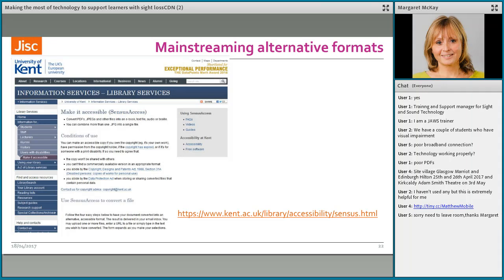So it's a self-service resource, which doesn't always place the responsibility of creating that alternative format with the disability service, but maybe with academic staff and others. It allows a range of media to be converted into more accessible formats.